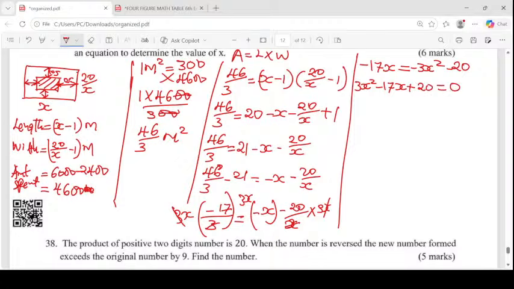The sum is negative 17, the product is 60. Will I be able to get it?